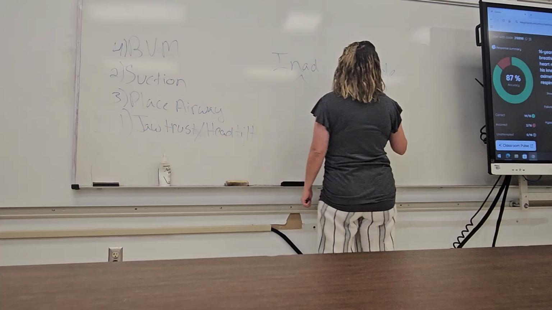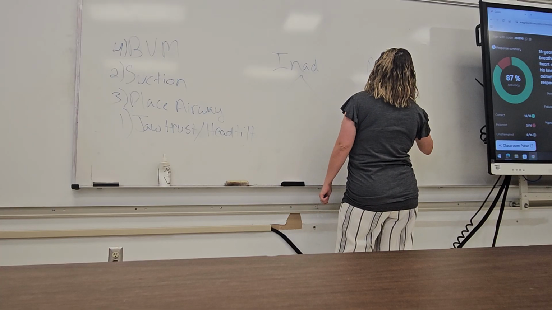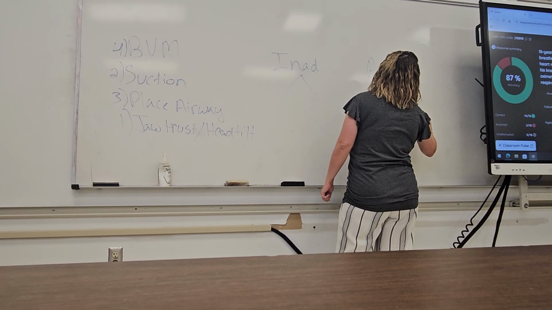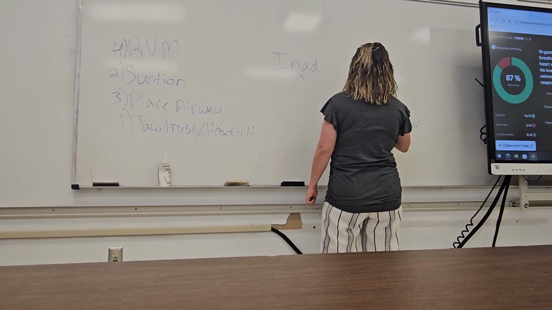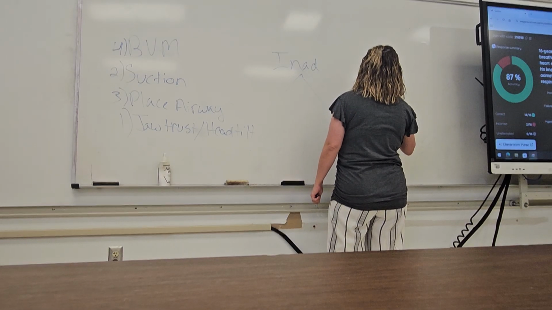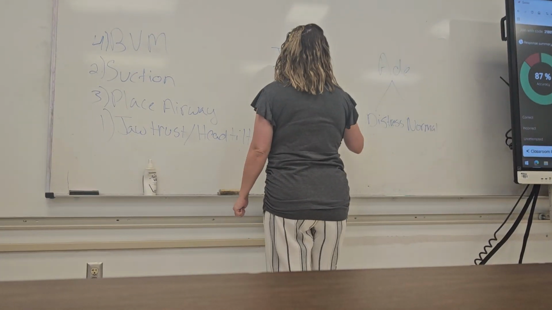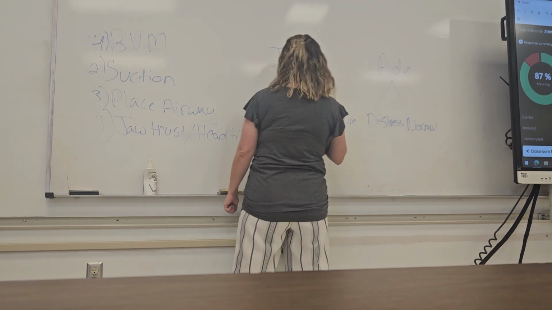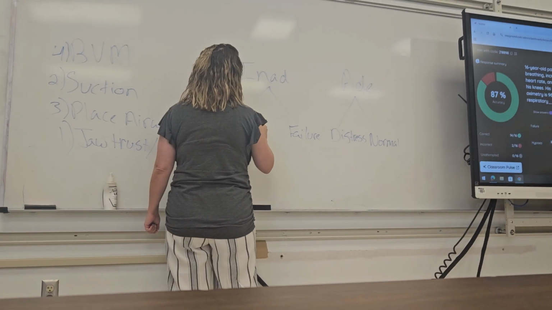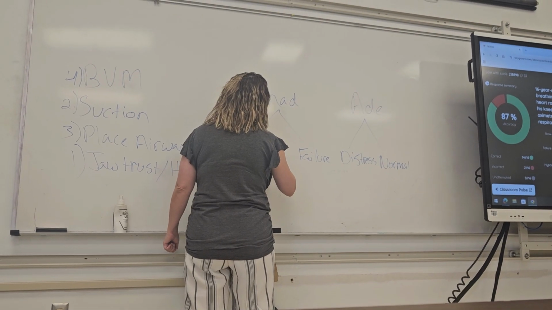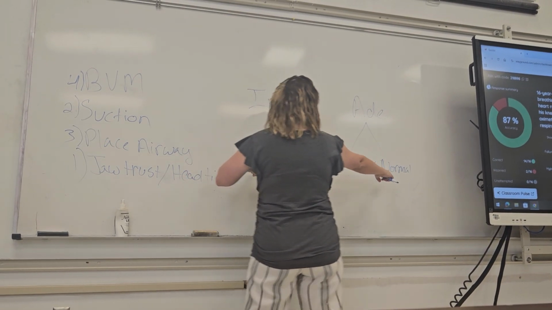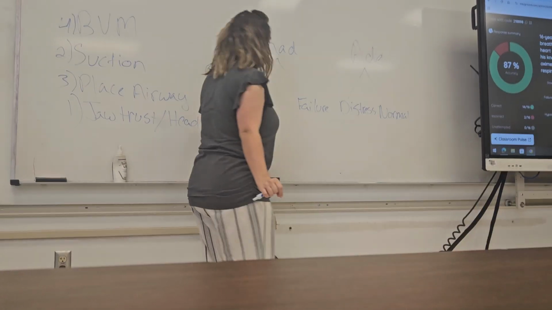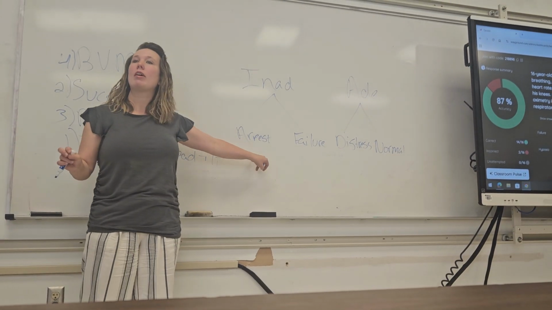In adequate breathing, you have normal breathing, and you have distress. In inadequate breathing, you have failure, and you have arrest. These two, normal breathing and arrest, should be the easiest ones to identify.